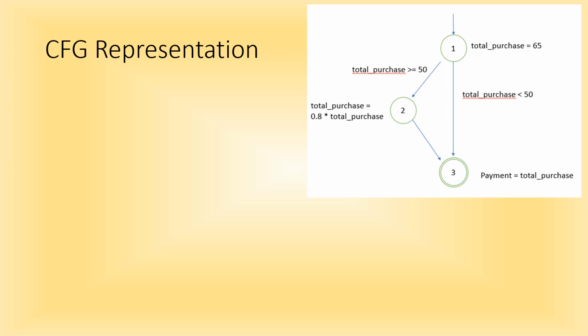So now we have seen how the graphs represent the software systems. Let's see what the rules are for such a representation. The very first thing is that the nodes represent actual computations. These nodes are shown in the form of circles. At node number one, we are setting the total purchase equal to 65.